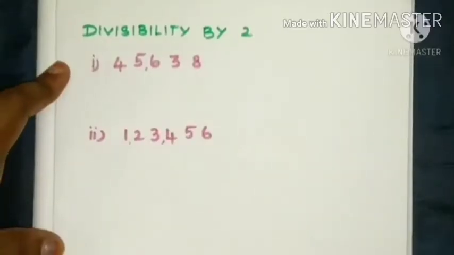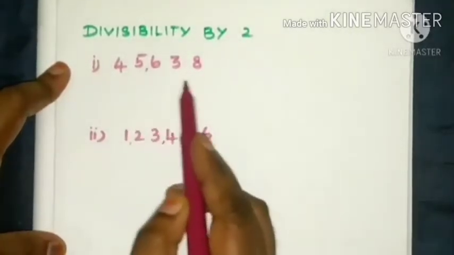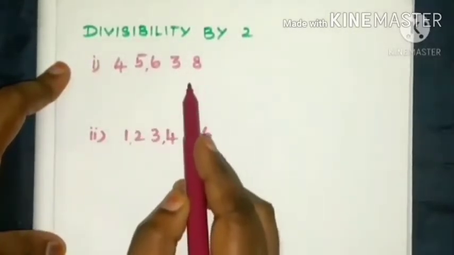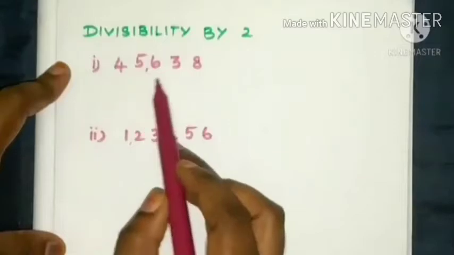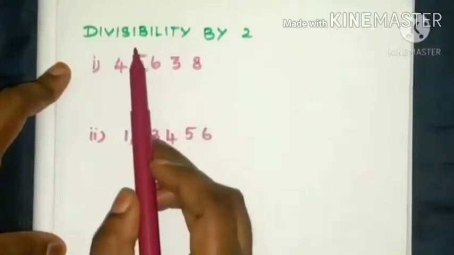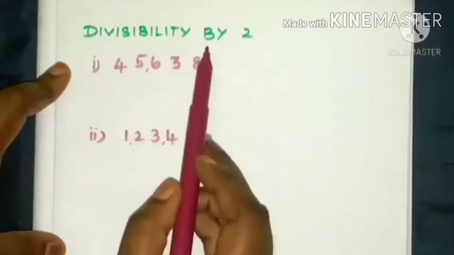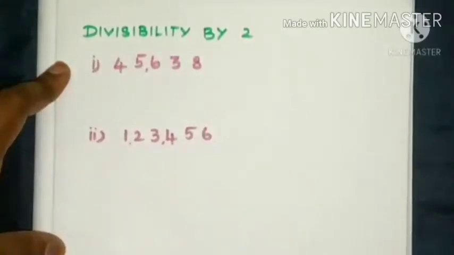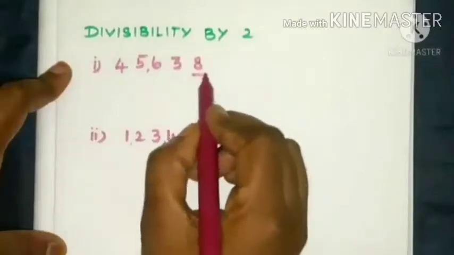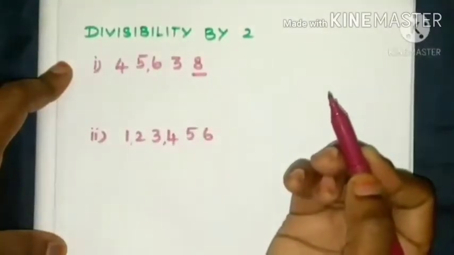For example, 45,638. We have to check whether the number is divisible by 2 or not. See, the rule of divisibility by 2 is a number is divisible by 2 if its ones place is any one of the even numbers like 0, 2, 4, 6 or 8. Here the ones place is an even number.